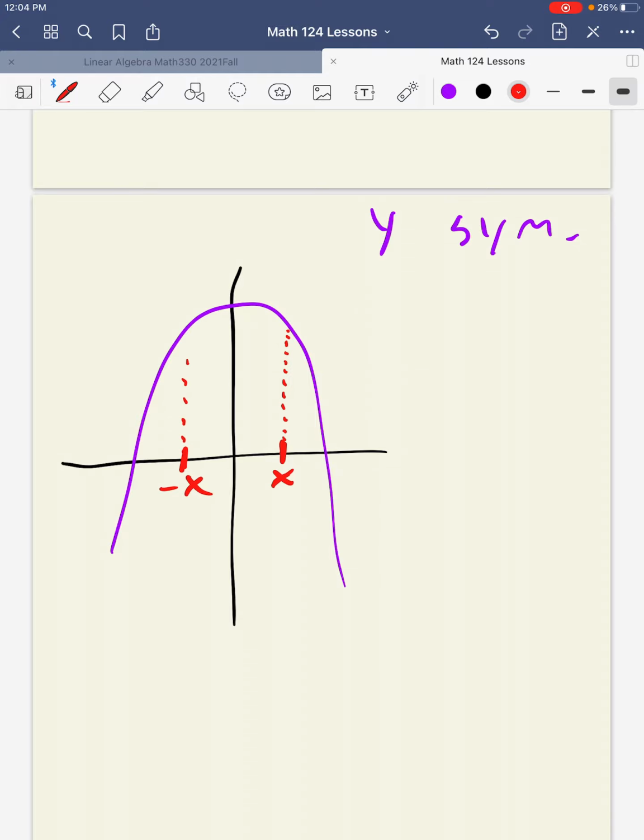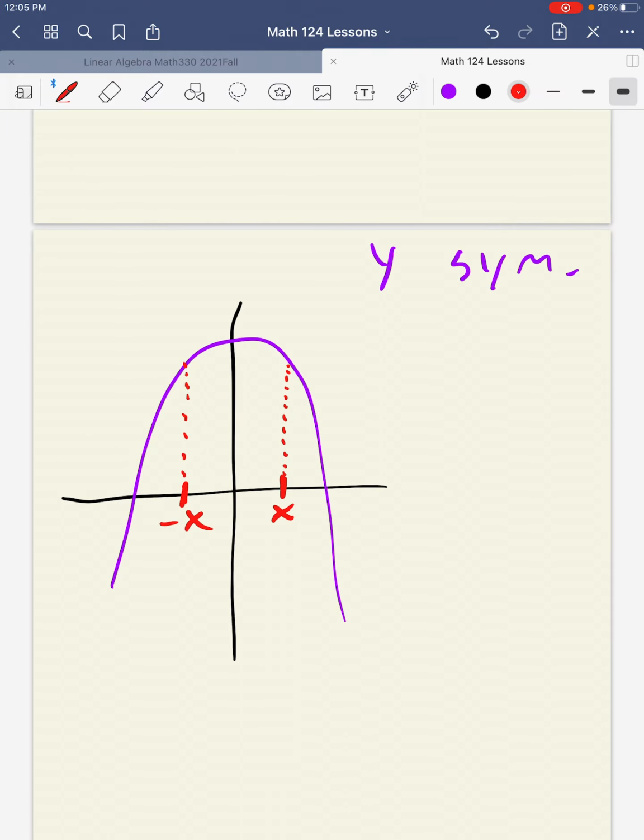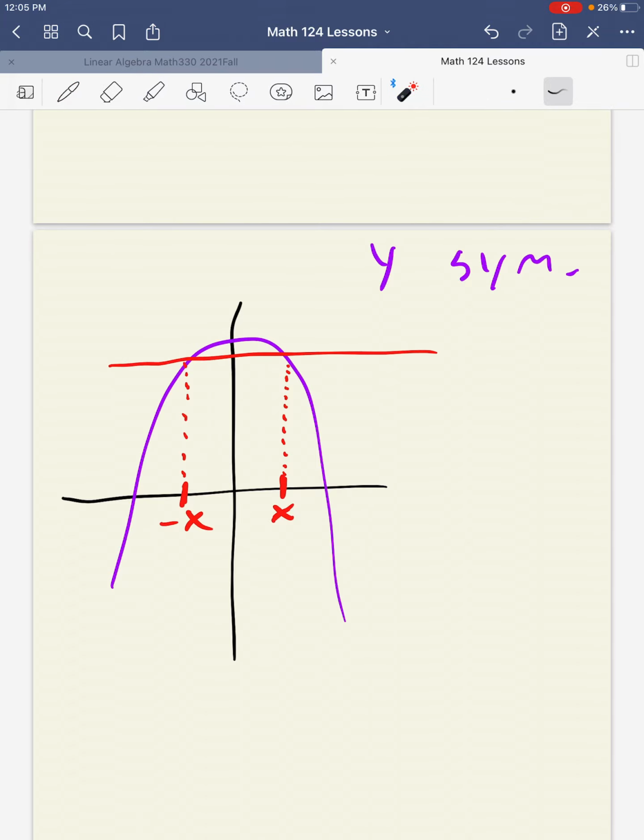Notice how the outputs of both x and minus x have the same y value. So that will always happen with y symmetry. See this y value corresponding to x and minus x, they both have the same y value.